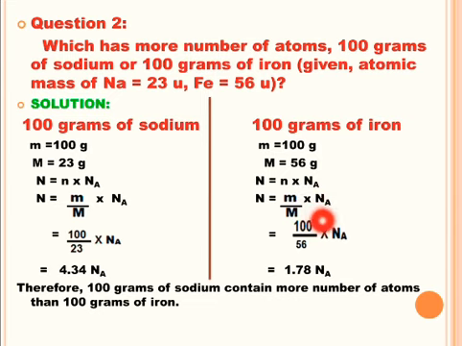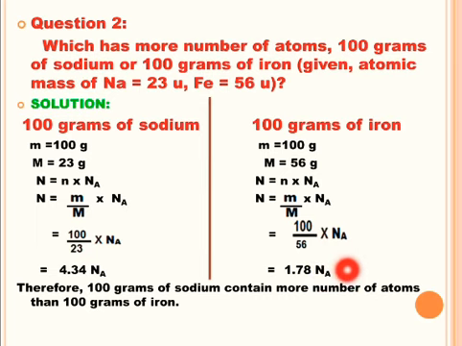Multiply by Avogadro number. Again, you can keep Na, that is Avogadro number, as such, or you can write the value of Avogadro number. Now on dividing 100 by 56, it will come out to be 1.78 Avogadro number. You can multiply 1.78 with Avogadro number, that is 6.022 into 10 raised to power 23, and get the number of atoms in 100 grams of iron.